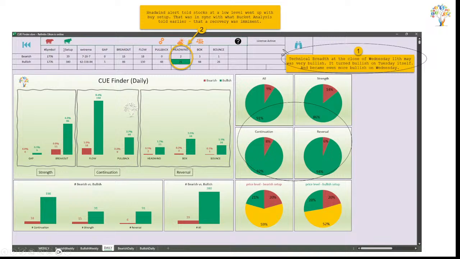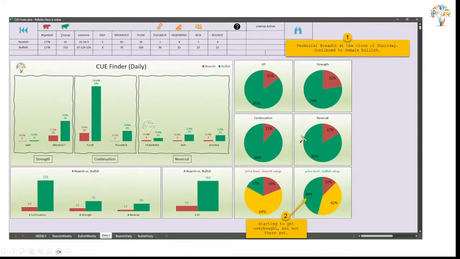On Wednesday, not only was the technical breadth very bullish, we also had an alert from the headwind signal that was telling that further recovery is along the way. So on Thursday, Friday, or at least Thursday, we could expect more recovery. This is Thursday's technical breadth.